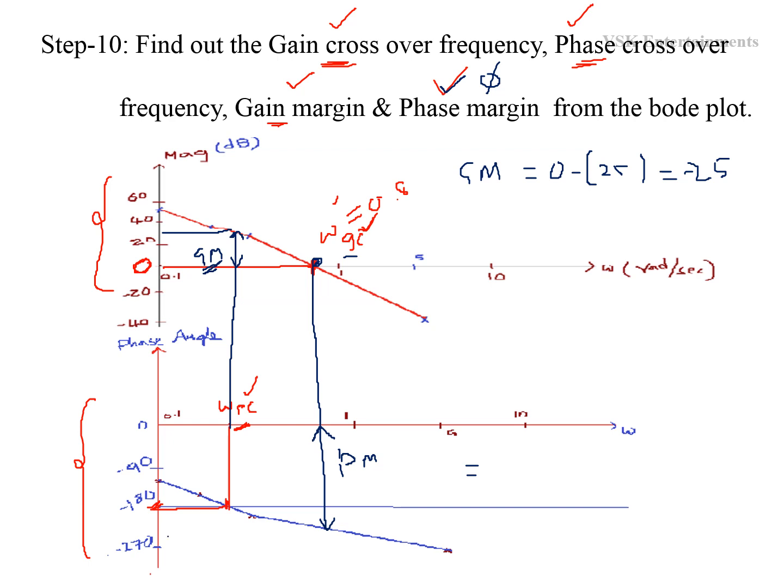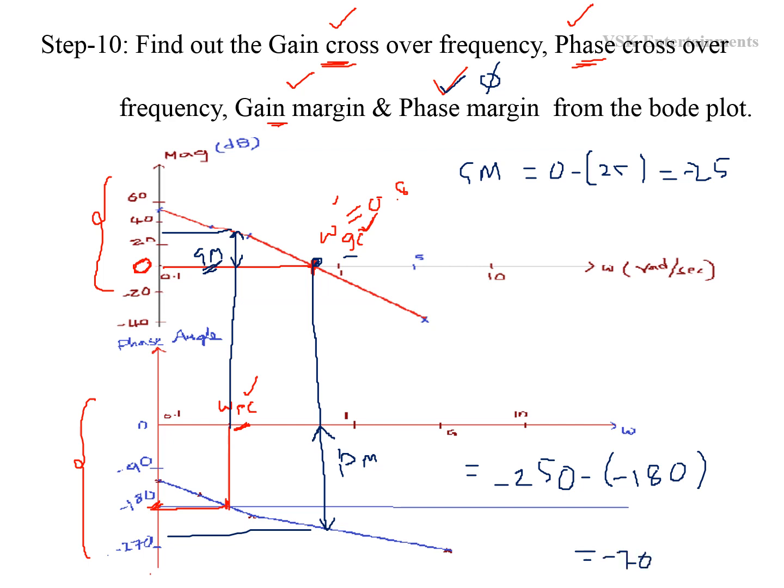Suppose this angle is minus 250 degrees. From that we get minus 70 degrees as the phase margin.